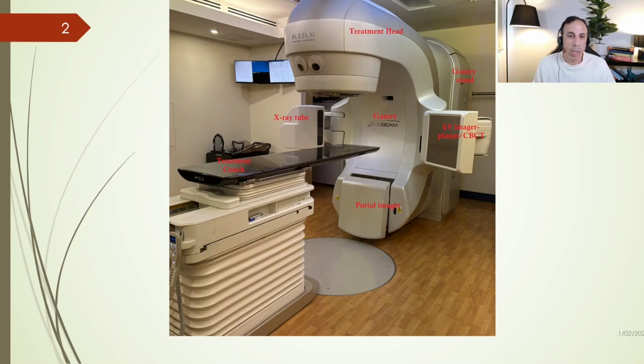From outside, a linac consists of a treatment couch, treatment head, the rotating gantry, and supporting stand. You can see clearly on this figure. Actually, the patient lies on the treatment couch while the gantry rotates around them, allowing radiation to be delivered from multiple angles.